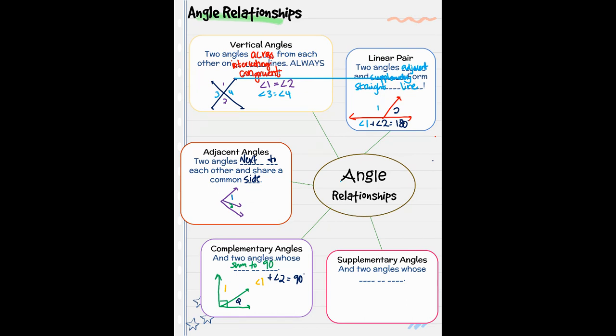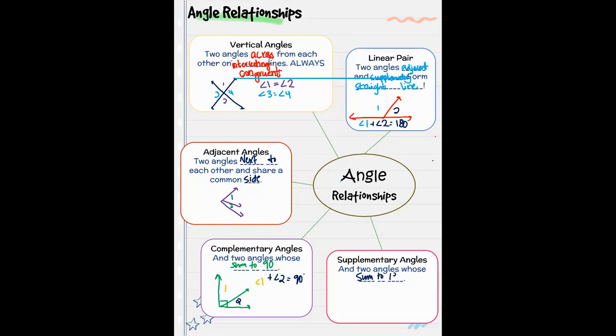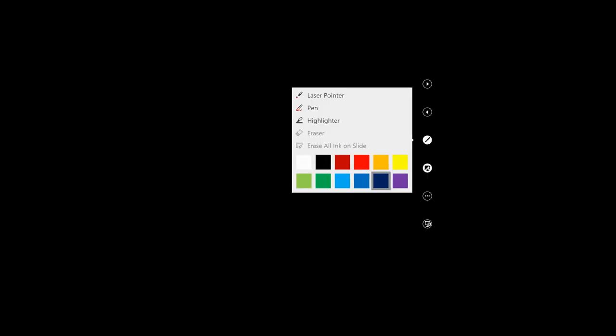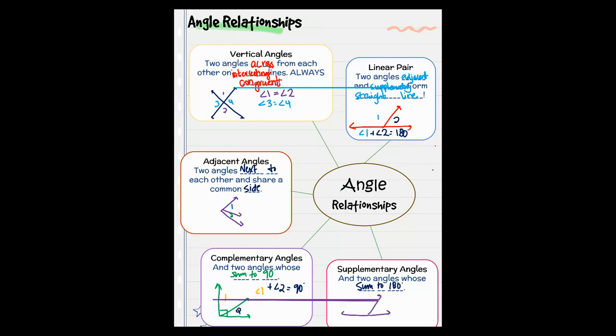All right, our supplementary angles are two angles whose sum is 180. Sum to 180. So our example, oh no, what happened? All right, sorry. Our example is exactly like the linear pair.